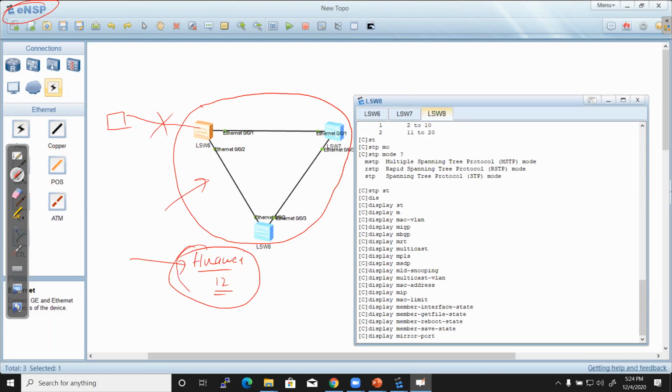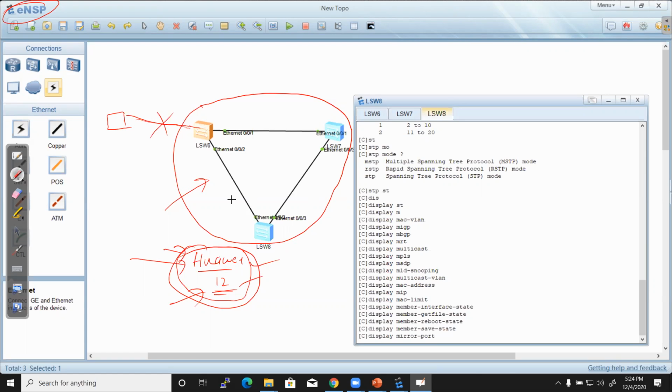So we configure the domain and the revision number so that no external switch would be able to join this domain unless it configures the same parameters. This is for security purposes, so that any unauthorized person wouldn't be able to join this domain.